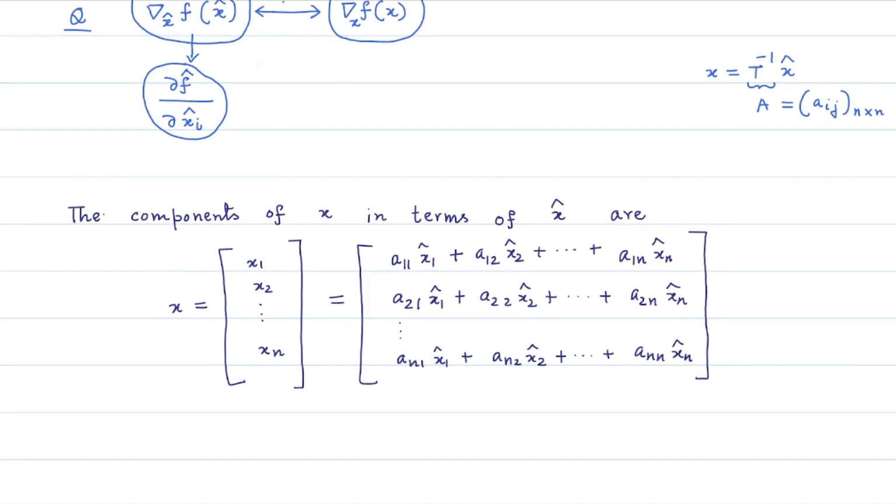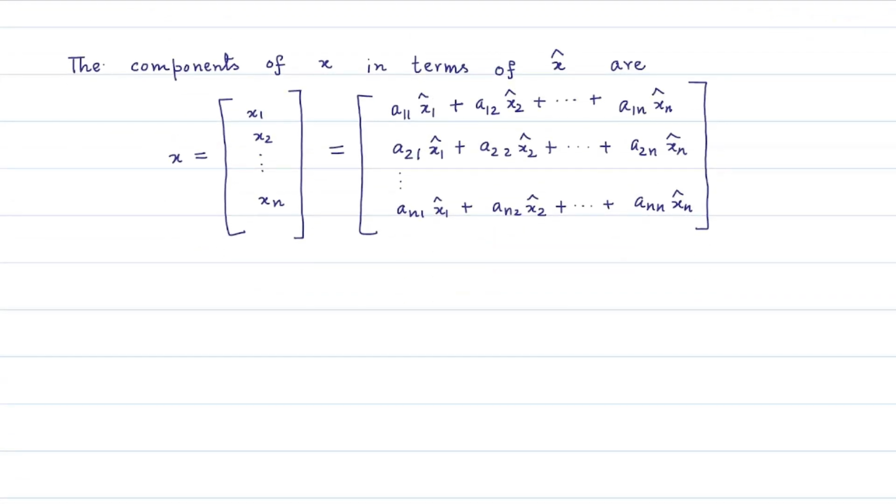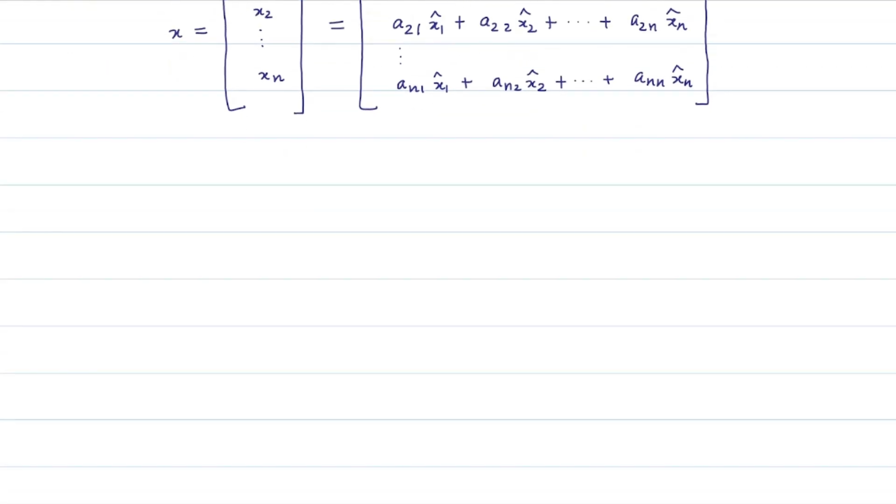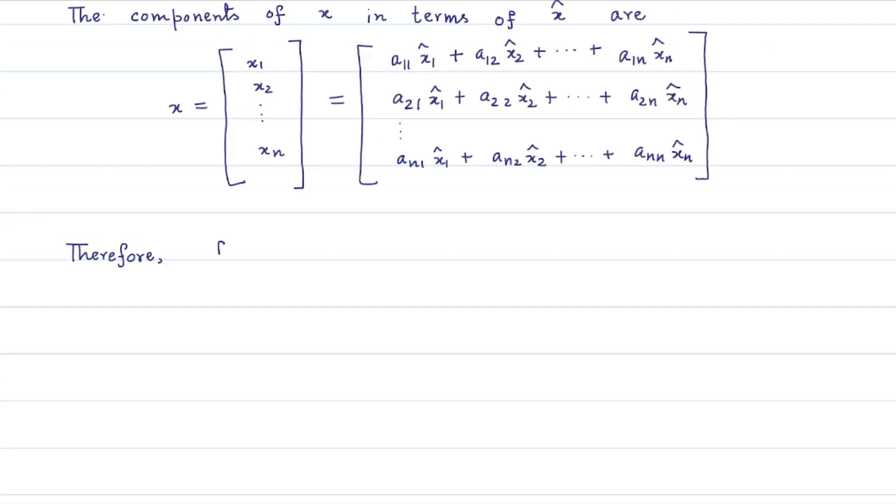Therefore, explicitly, the function f hat in terms of the function f is given by f hat of x hat is equal to f of the variable vector x, which has components x1, x2 till xn.